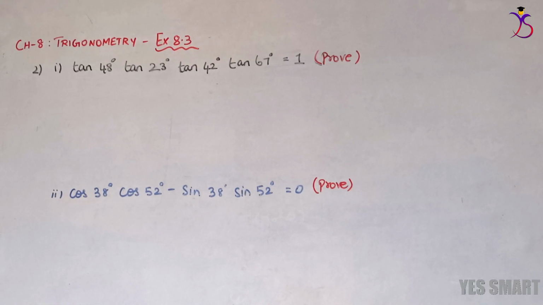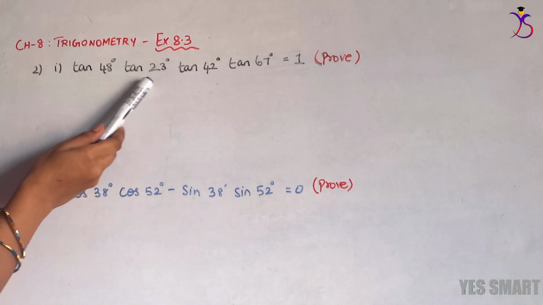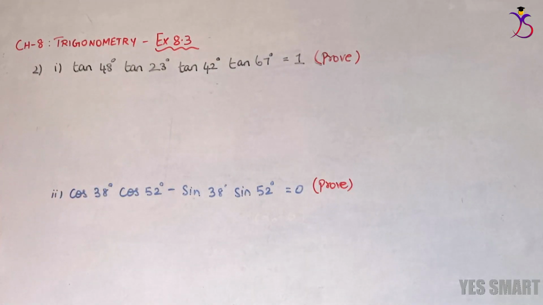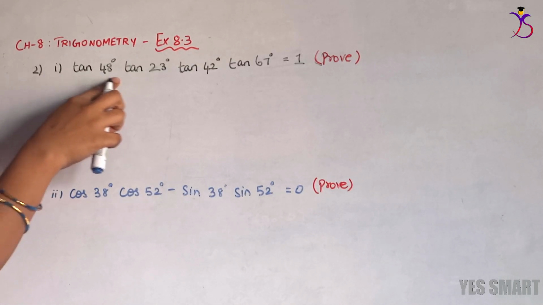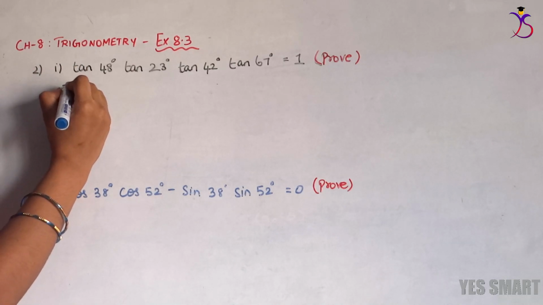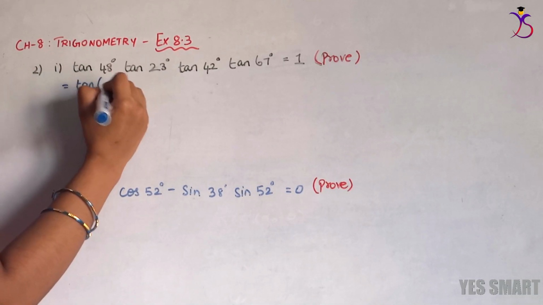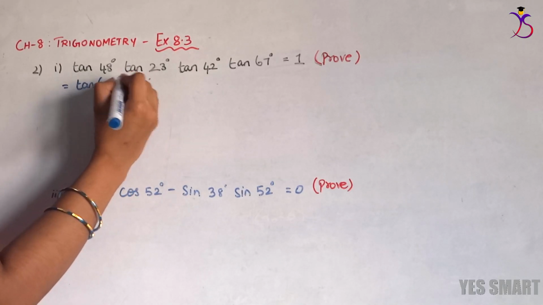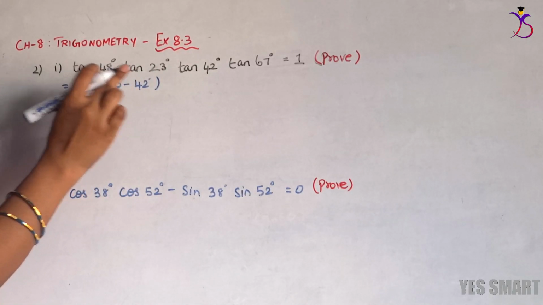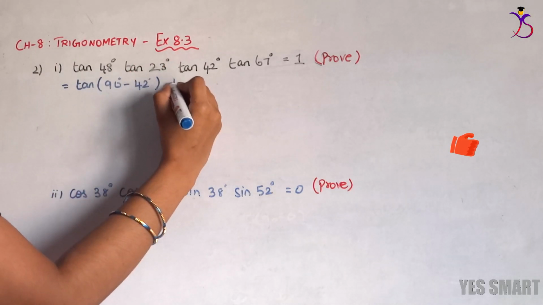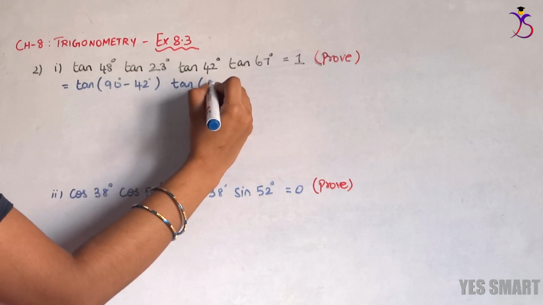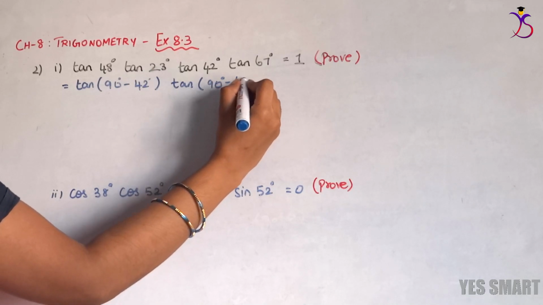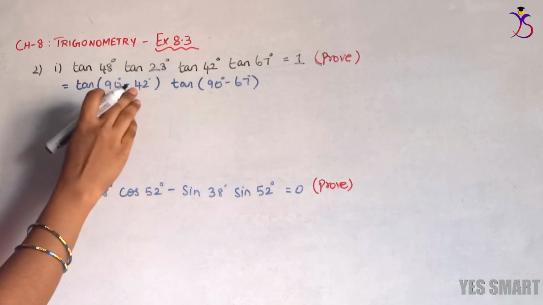Now the second sum. The first subdivision is tan 48 tan 23 tan 42 tan 67 equal to 1. As usual, we will take the LHS and prove it is equal to the RHS. 48 can be written as 90 minus 42, so I am writing tan 48 as tan (90 minus 42). Similarly, tan 23 can be written as tan (90 minus 67).